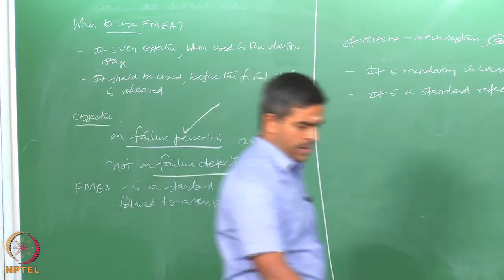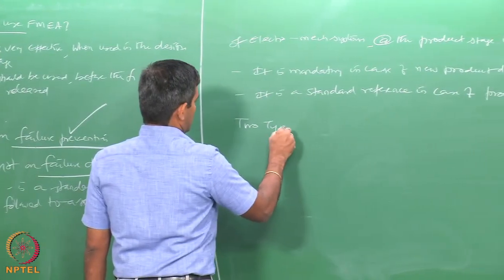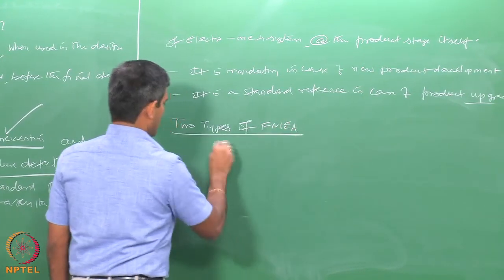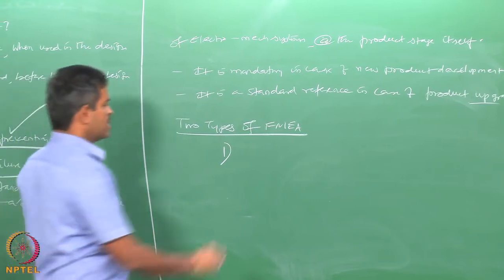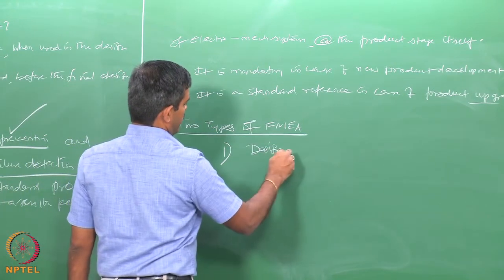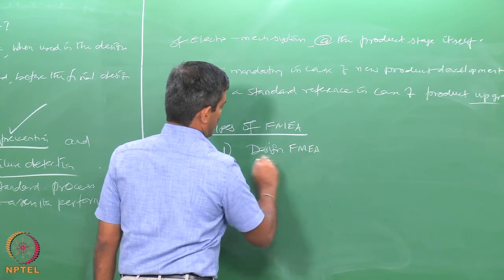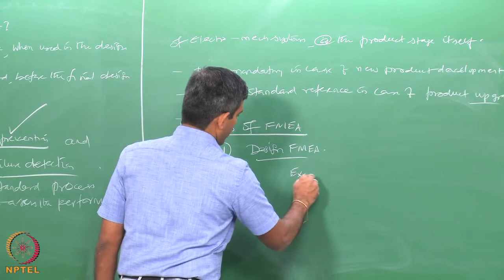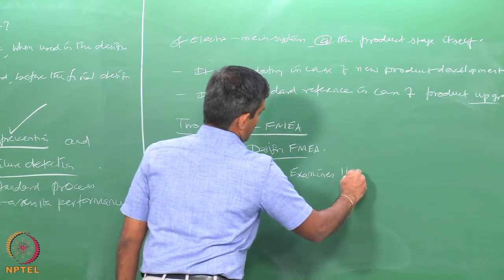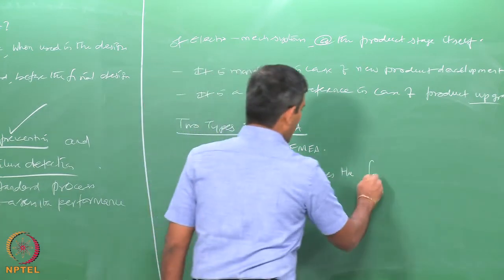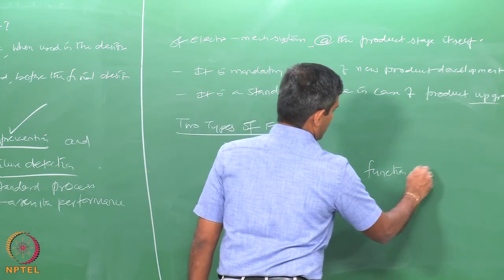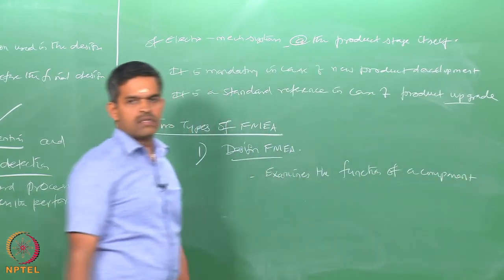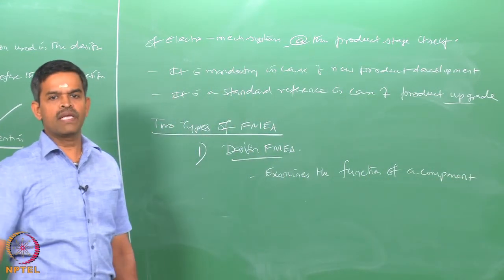There are two types of FMEA. One is what we call design FMEA. Design FMEA actually examines the function of a component present in a system, subsystem or a main system.